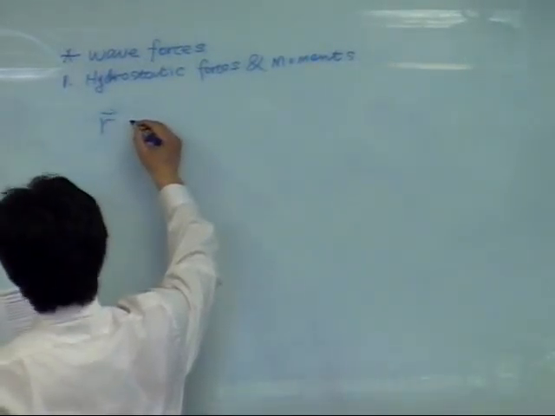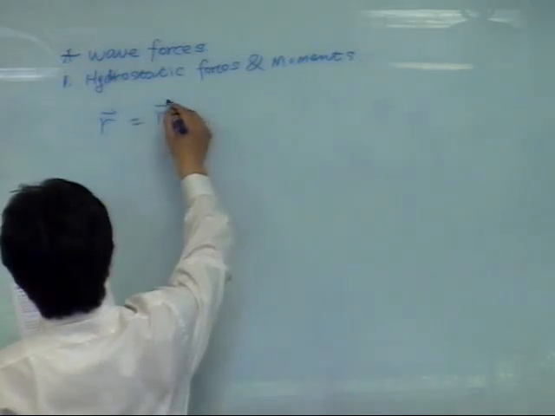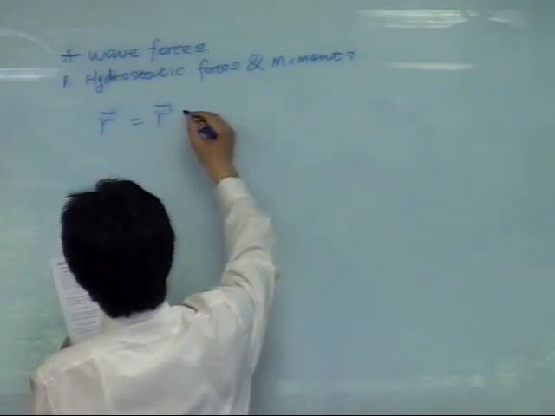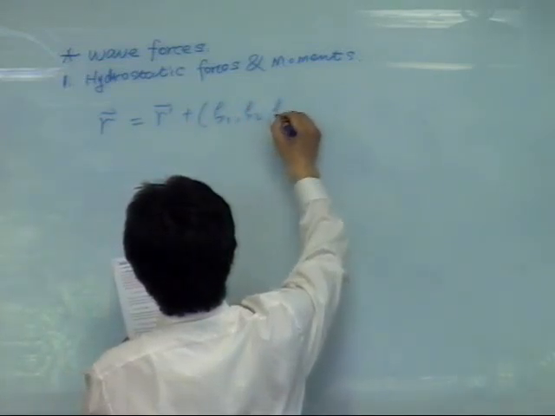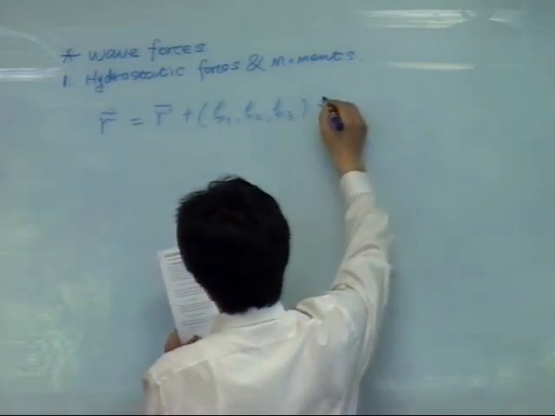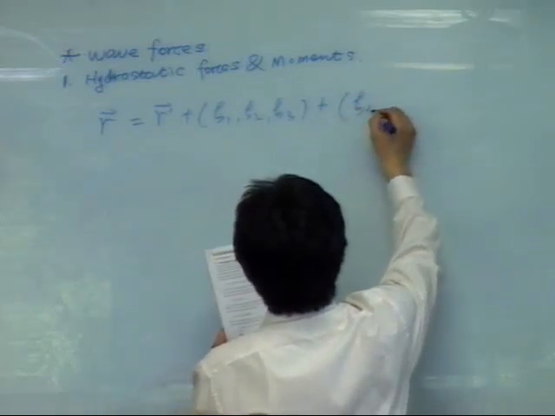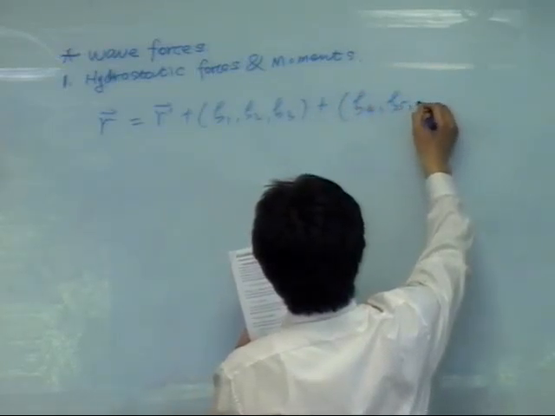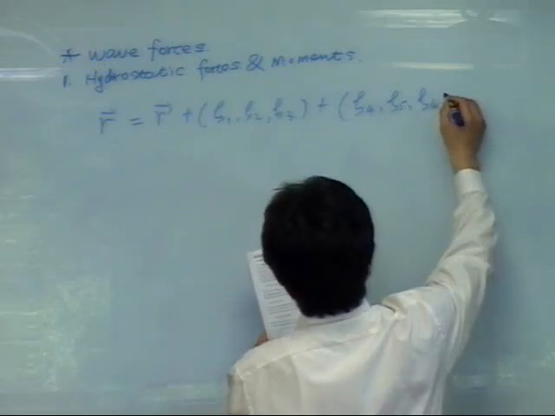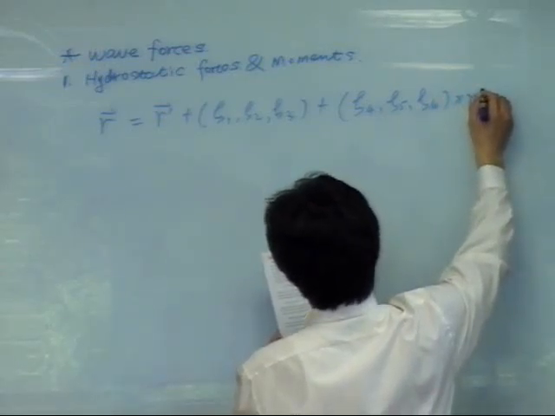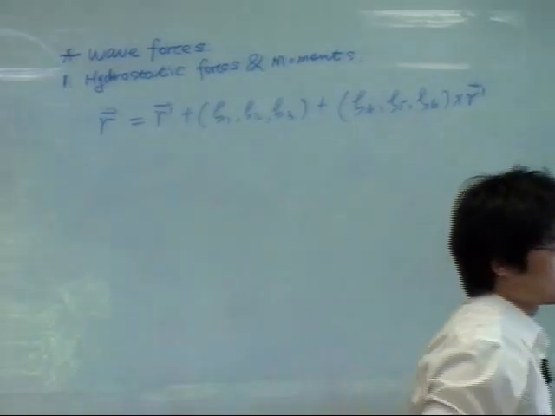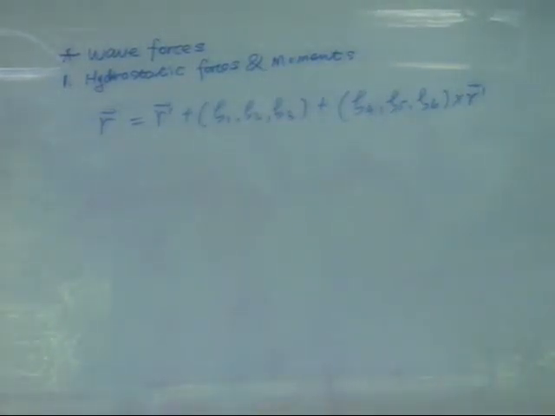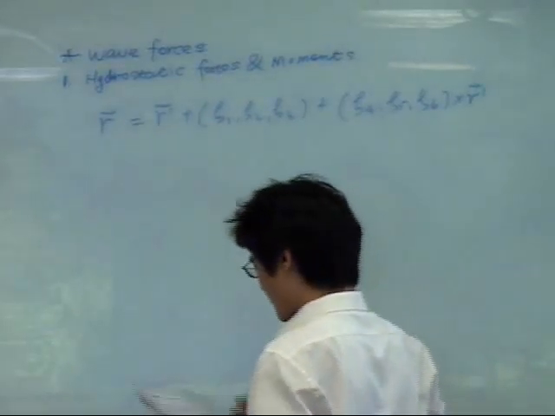R is a vector. 1, 2, 3, 4, 5, 6. 4, 5, 6 means the rotational angles.